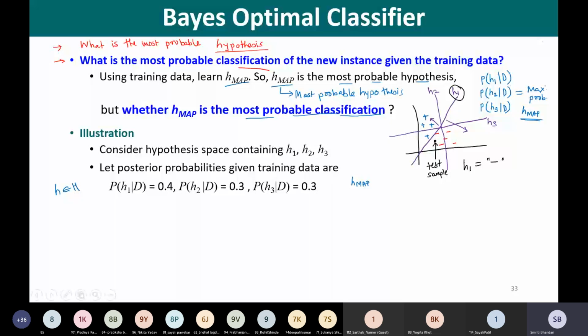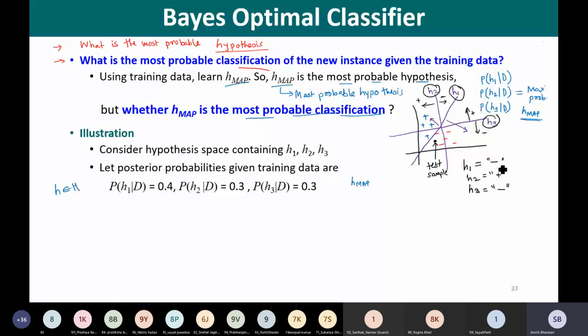Okay, so what we are proposing is, instead of selecting the most probable hypothesis and only relying on that hypothesis, why not consider all the hypotheses together?